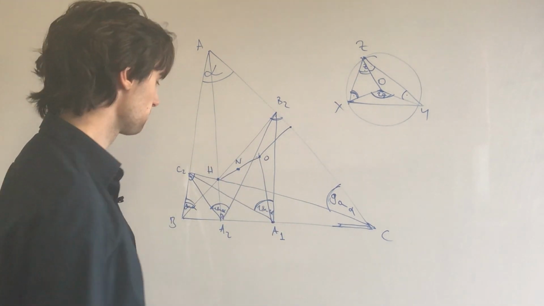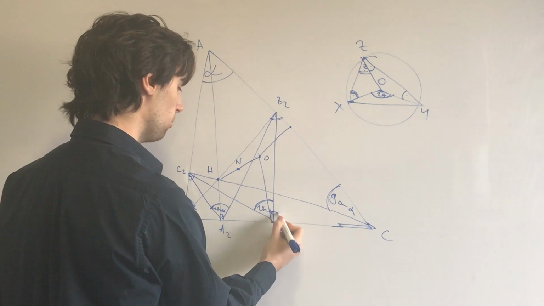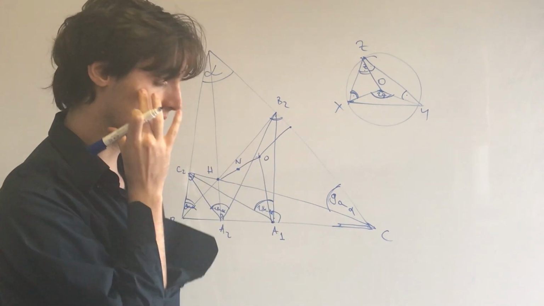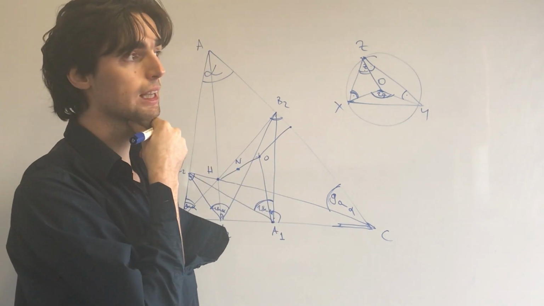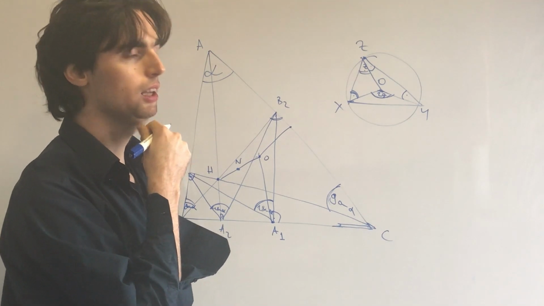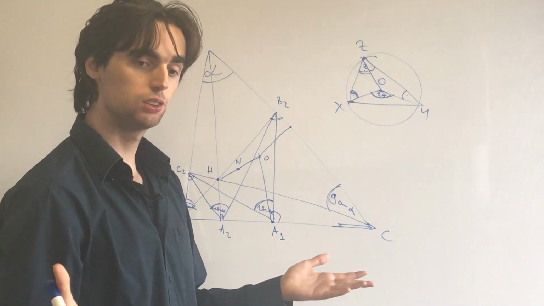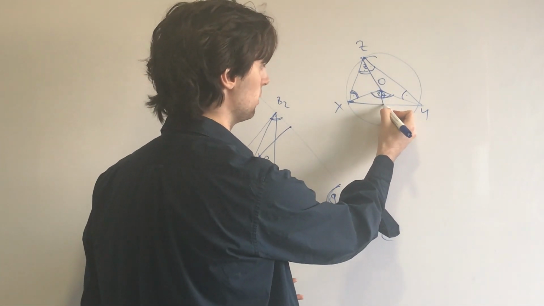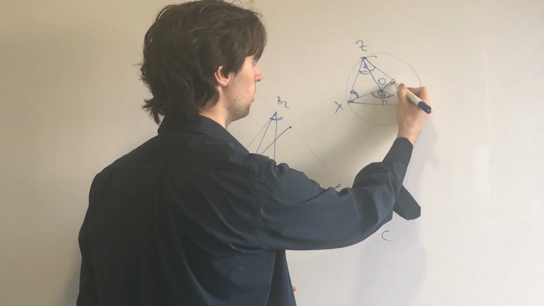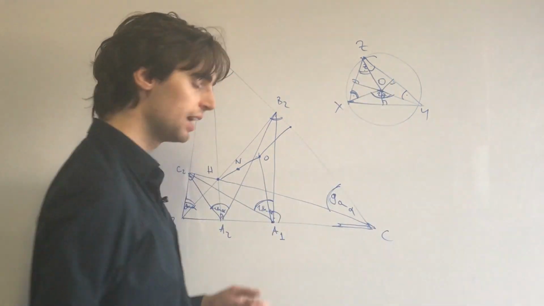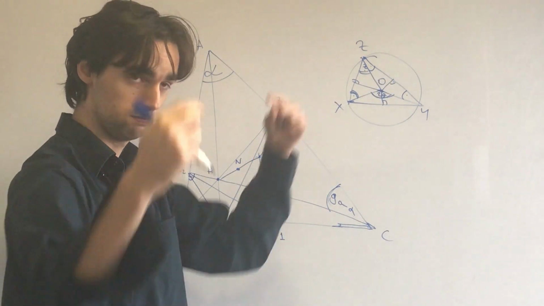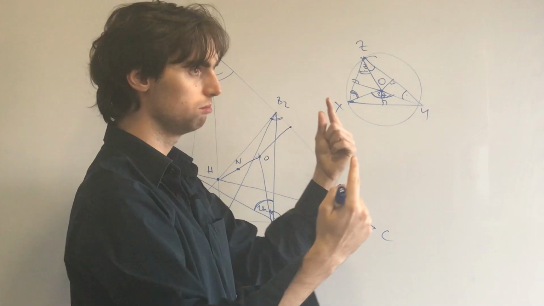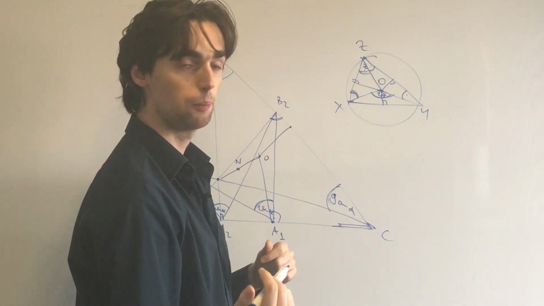And here's the answer. So what do we know about the center of this circumcircle? Well, it has to lie on the intersection of the side bisectors, right? This is the center. It's on the intersection of the side bisectors of XY, YZ, XZ. And in fact, if you just have the side bisectors of 2 of these, you know the third one also goes through there.